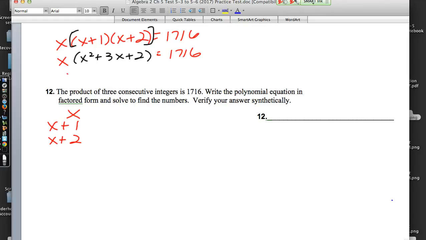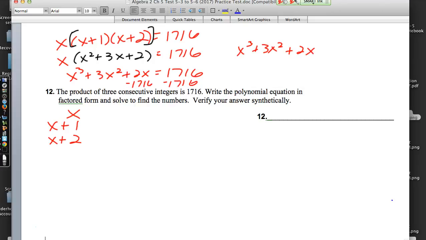Distribute the x. Are we trying to solve it? Solving means find the zeros, right? Gotta have a 0 over here. x cubed plus 3x squared plus 2x minus 1716 equals 0.